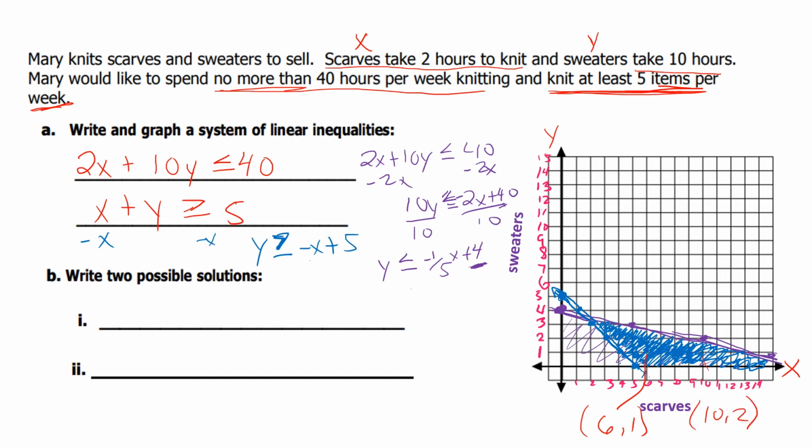So if I'm using those ordered pairs, remember every ordered pair has an x and a y, right? So x is represented by my scarves and y is represented by my sweaters. So I could say 6 scarves and 1 sweater. That's a possible solution. Or if I use the ordered pair 10, 2, I could say 10 scarves, 2 sweaters.